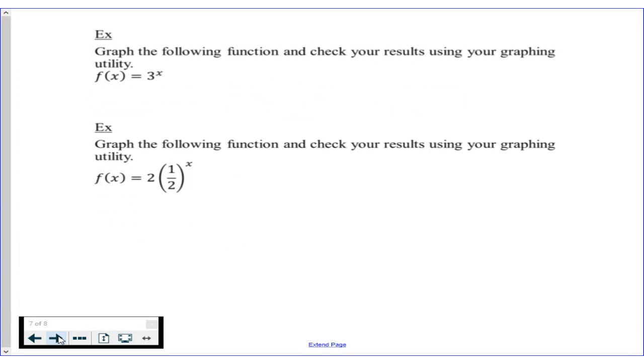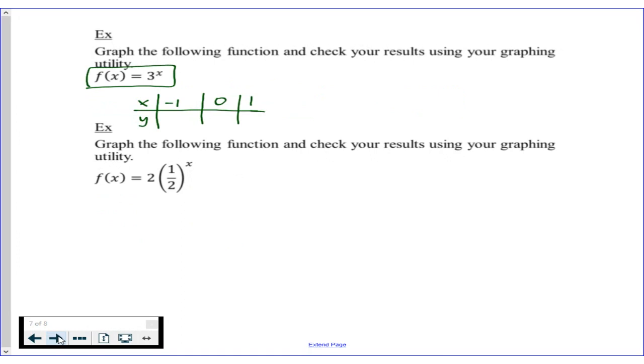So what you do with a function like this is make a table with x and y, and you need only 3 points. Usually we pick numbers around 0. Let's pick -1, 0, and 1. Now plug in -1 and find f of -1, f of 0, and f of 1.